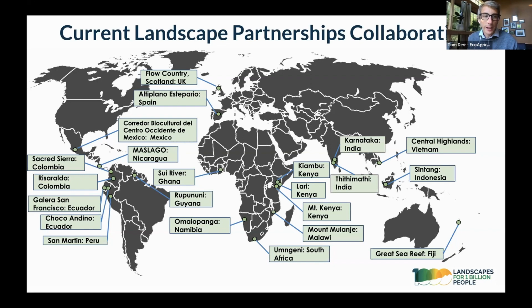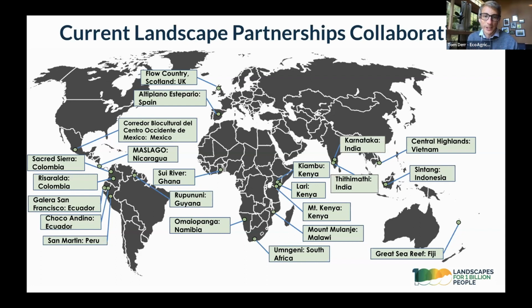We're developing a digital landscape action platform called Terrasso, which is open source and user-friendly and is being rolled out later this year, which will allow landscape partnerships to share, collect, map, and do all sorts of different things with data that they previously have had difficulty doing. And we're also working with these landscapes to catalyze communities, both at the local and national level, to create the enabling environment they need to implement integrated landscape management.